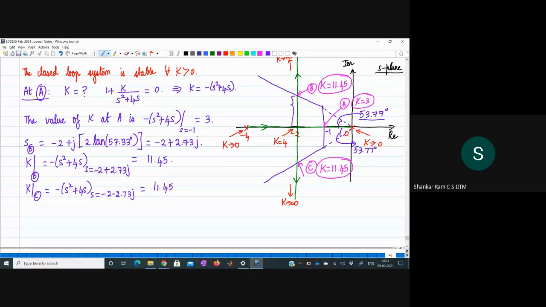Now, for a value of K greater than 11.45, I will not be able to satisfy the peak overshoot condition. So I will be able to satisfy the peak overshoot condition only till 11.45. That is a very interesting observation, is it not? That is something we are going to utilize.